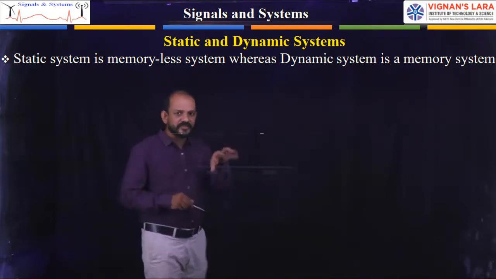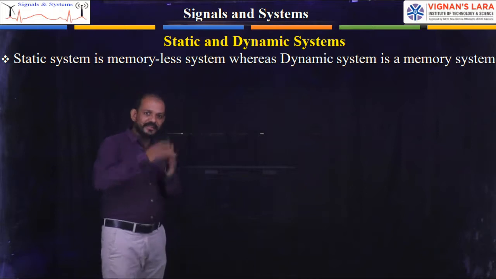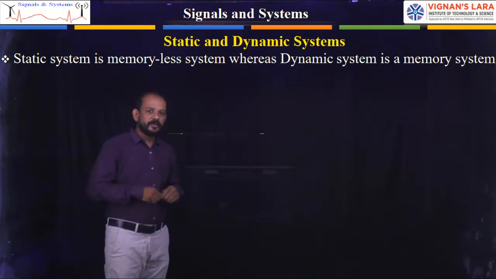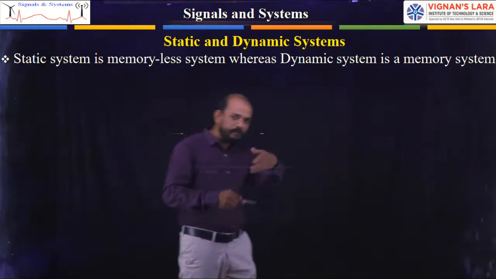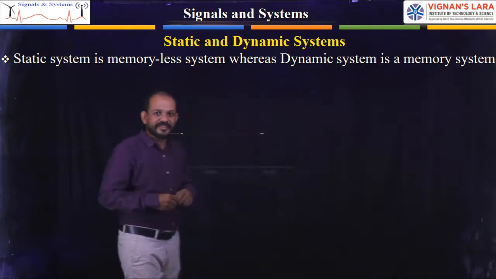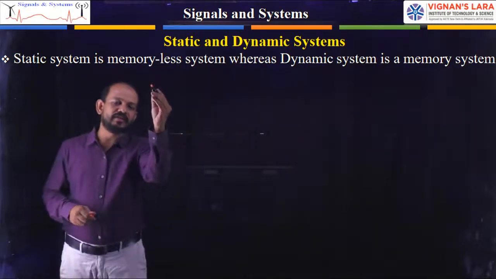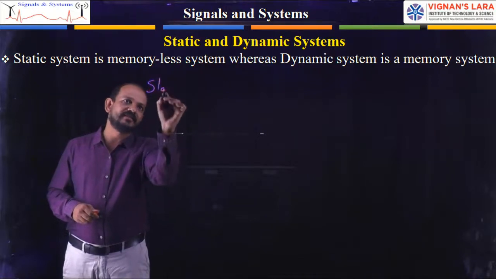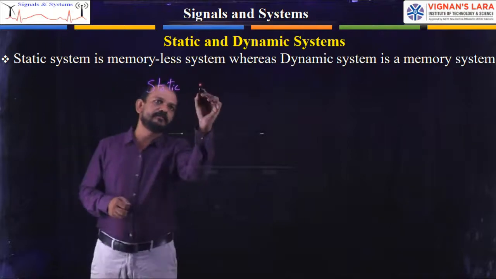Based on this, I will explain the concept of static and dynamic technically. I hope you are clear with what a dynamic person is and what a static person is. Now I will apply this example to our systems, static and dynamic systems. First, I have to go with the static system.